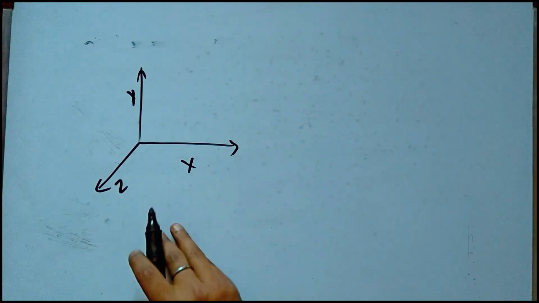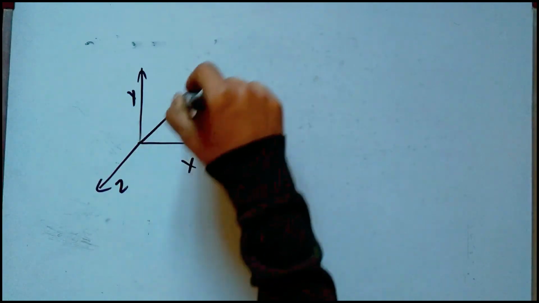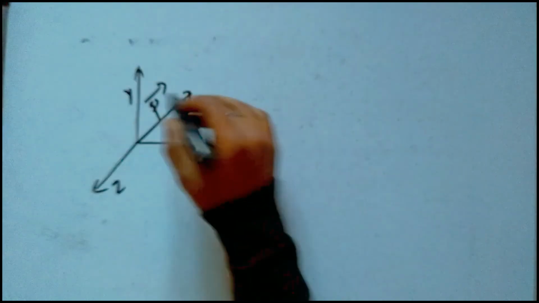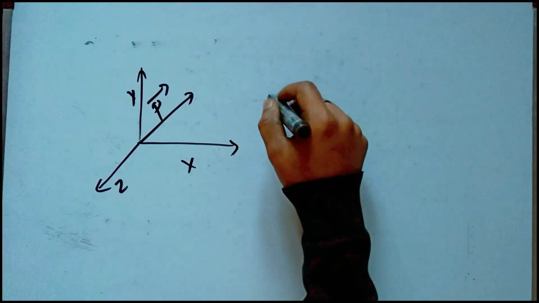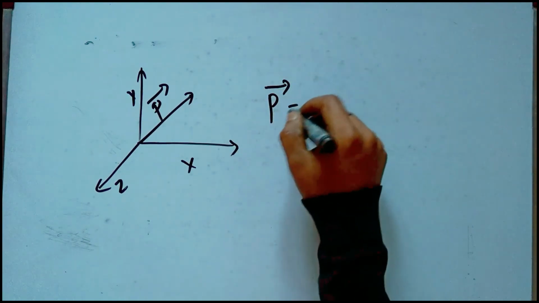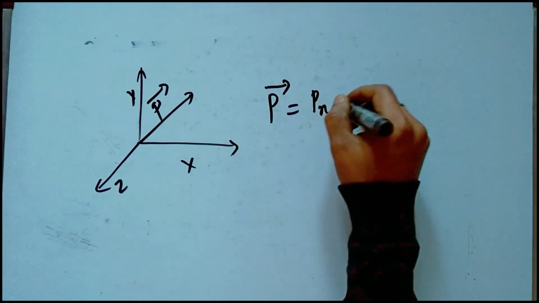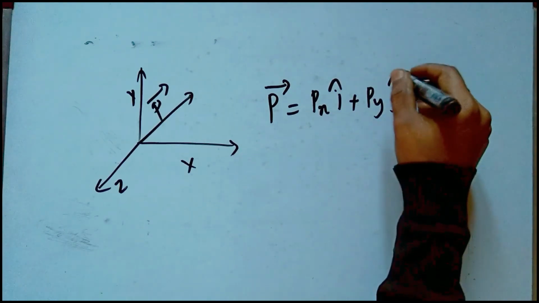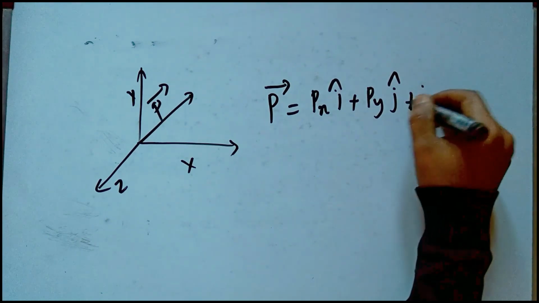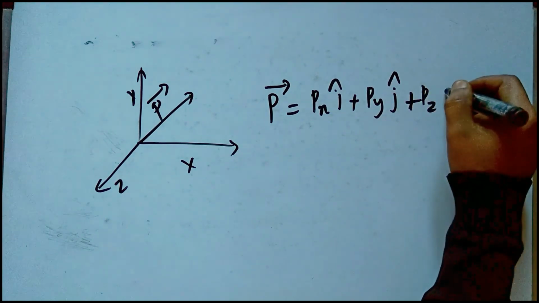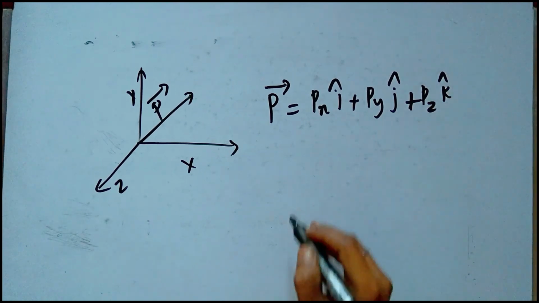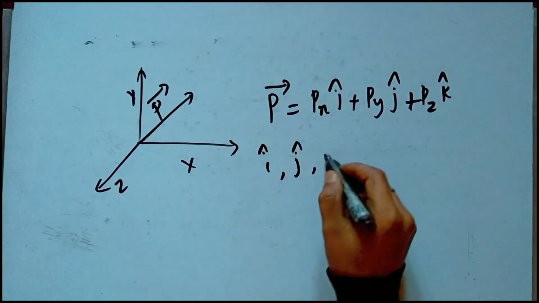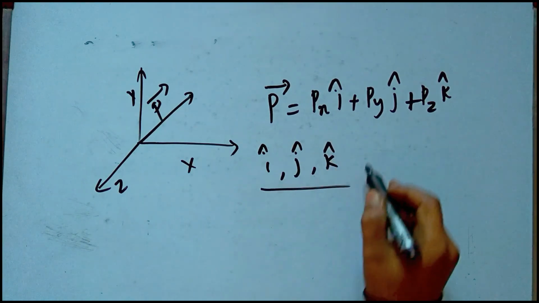In three-dimensional Cartesian coordinate system, this same vector P can be represented as P is equal to Px i plus Py j plus Pz k, where i cap, j cap and k cap are the unit vectors.